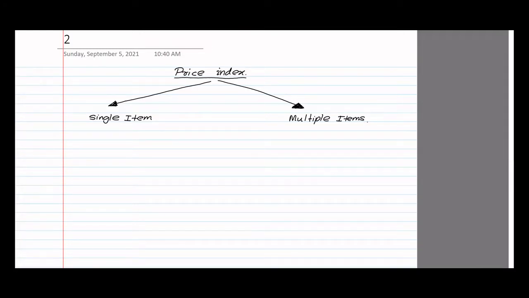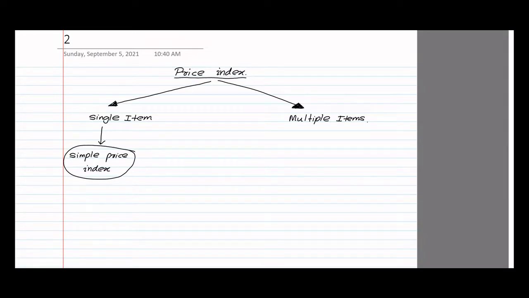For a single item, we have the simple price index. I have taken the price index only, but the quantity index is the same thing, in the same format. We call it the simple price index or simple price relative.